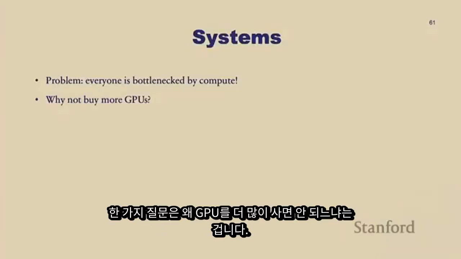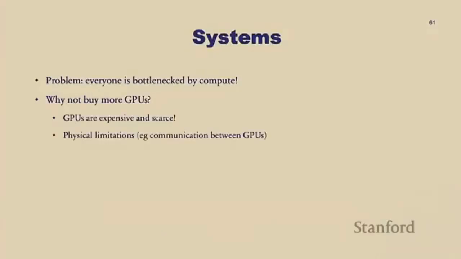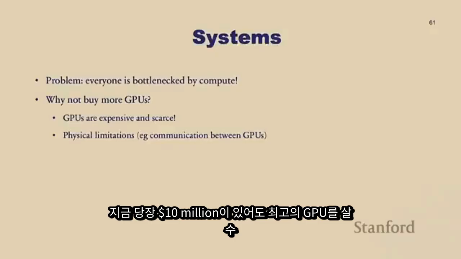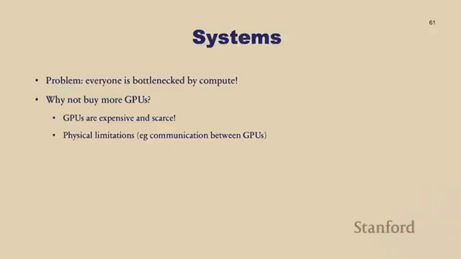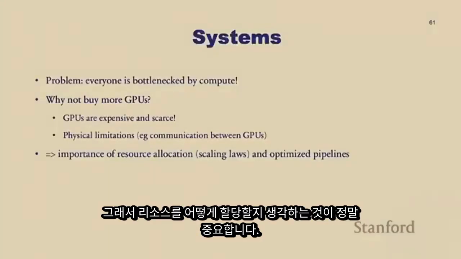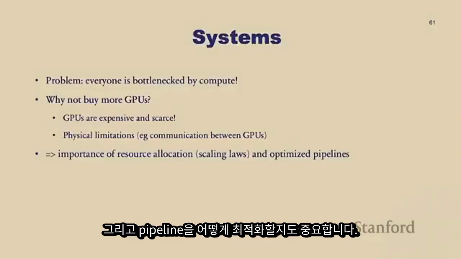One question you might ask is, why not buy more GPUs? GPUs are expensive, but also scarce. Even if you have $10 million right now, you cannot buy the best GPUs. There are also physical limitations. When you have multiple GPUs, you have to communicate between them, and that takes time. So just buying more GPUs is not that easy. It's really important to think about how you allocate resources and how you optimize your pipeline.